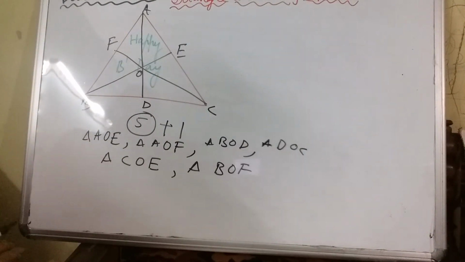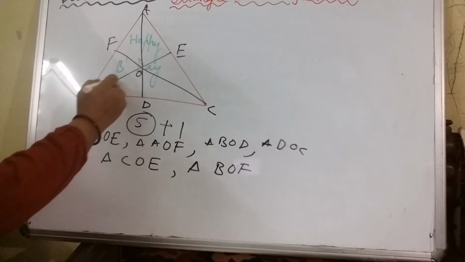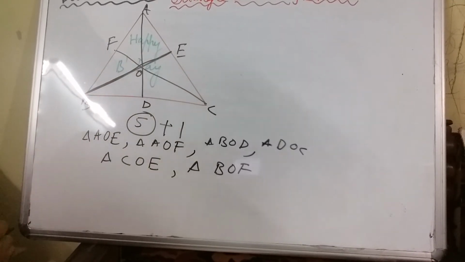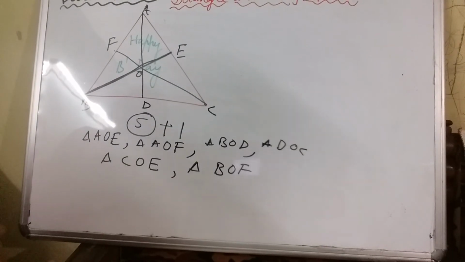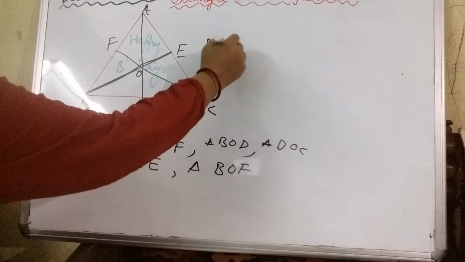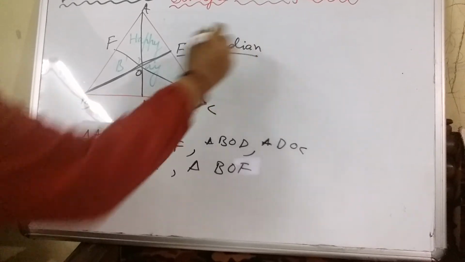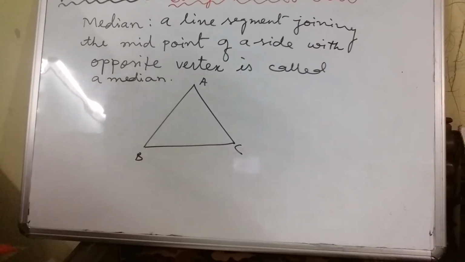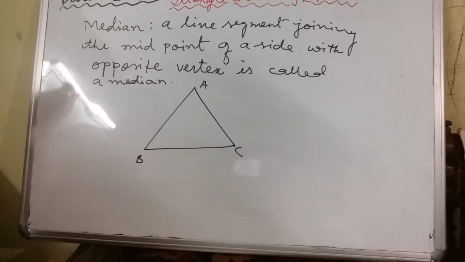This line that divides a triangle into 2 equal halves is called a median. Now, what is a median?